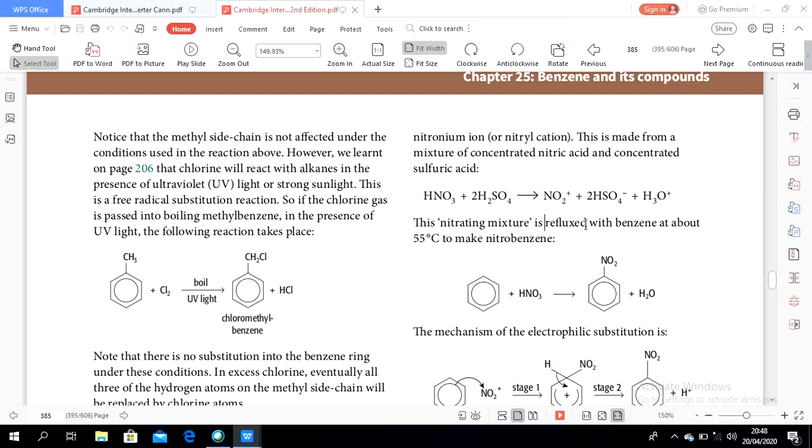Reflux is a process similar to simple distillation. The difference in reflux is that there is no loss of any liquid molecule, any liquid particles. So the liquid particles will be heated again and again until it becomes nitrobenzene.